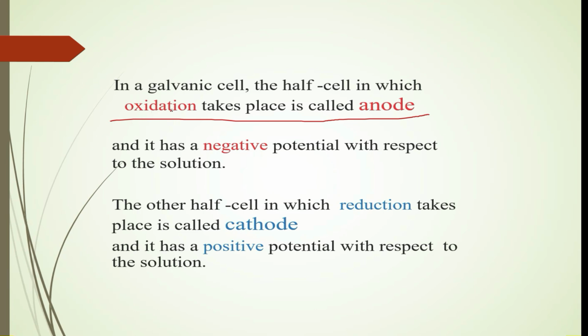Electron addition or electron loss are two types of mechanism: loss of electron is oxidation; gain of electron is reduction. Reduction takes place at cathode, oxidation takes place at anode, and the anode has a positive potential with respect to solution.